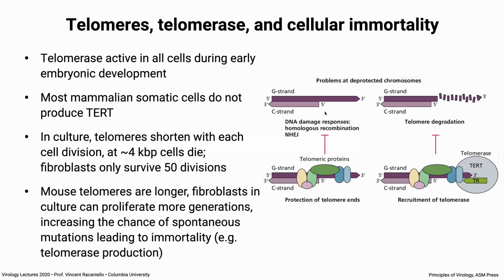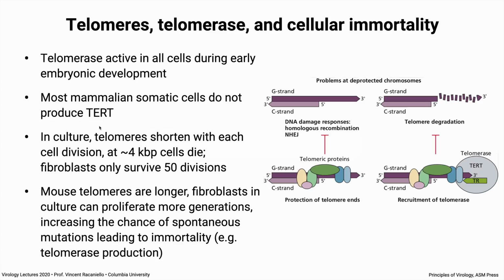So there's a whole bunch of proteins, telomeric proteins, that bind to telomere ends to protect the ends. But then there's also a telomerase, a reverse transcriptase that copies an RNA, a short telomeric RNA, to maintain the ends during early embryonic development. But once you're born, your somatic cells no longer produce TERT, so the ends get shorter and shorter.